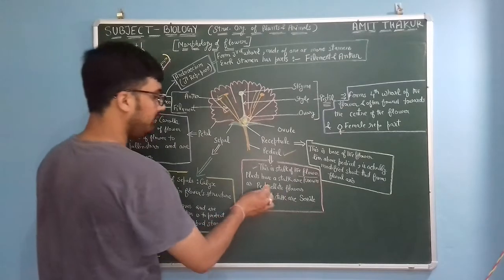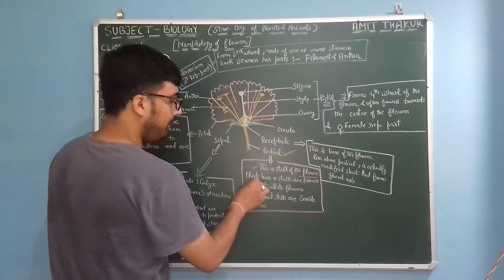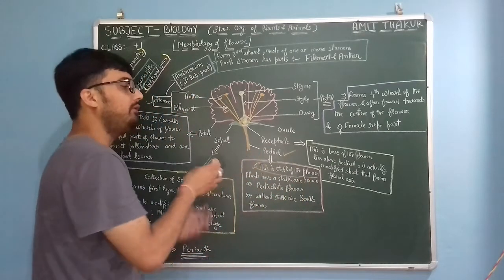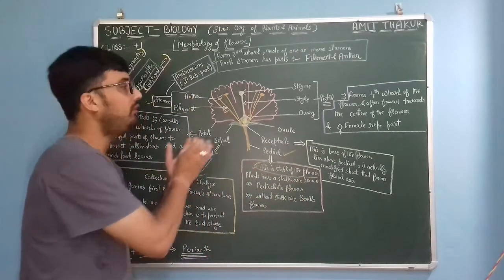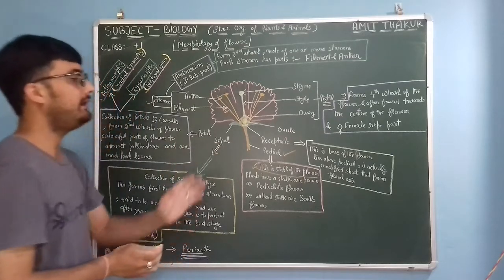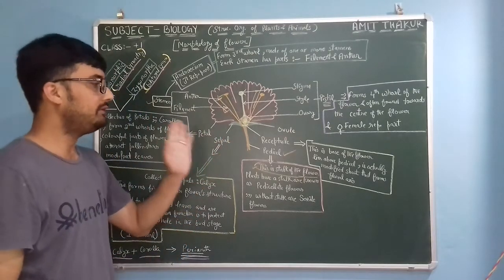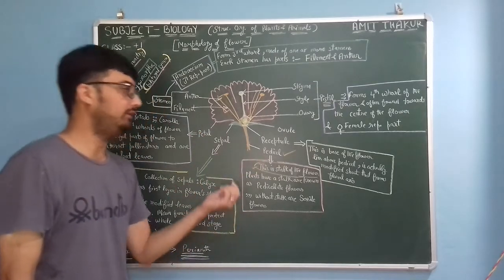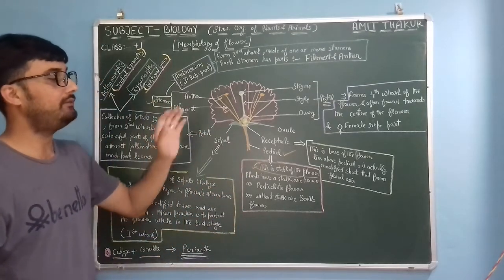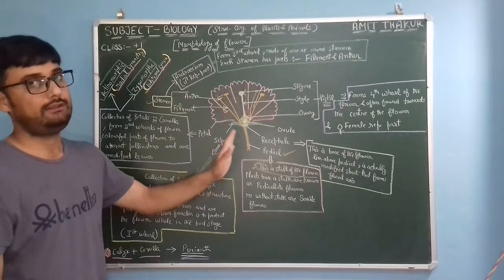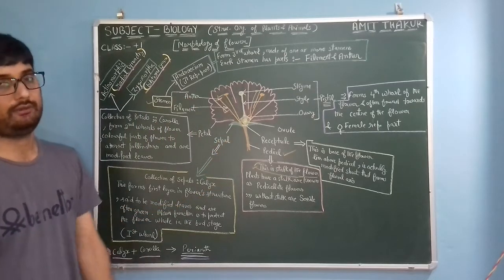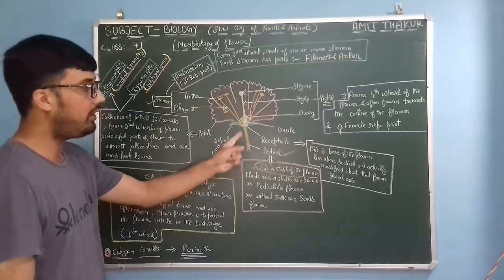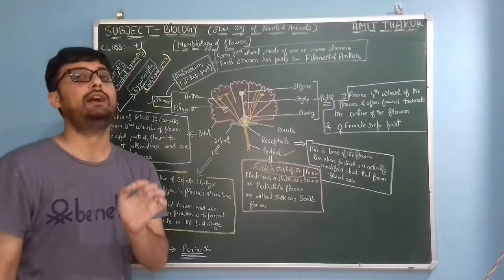The stalk of the flower provides support to the flower. ये support provide करता है उस flower को, and all the flowers which have these pedicels just beneath them, or the flowers which have this stalk, pedicel, are known as pedicellate flowers, and the flowers which are without pedicels, without this stalk, are known as sessile flowers.